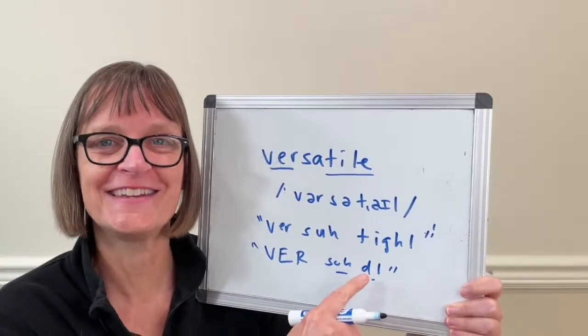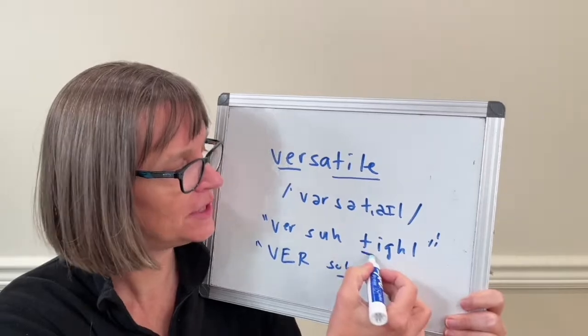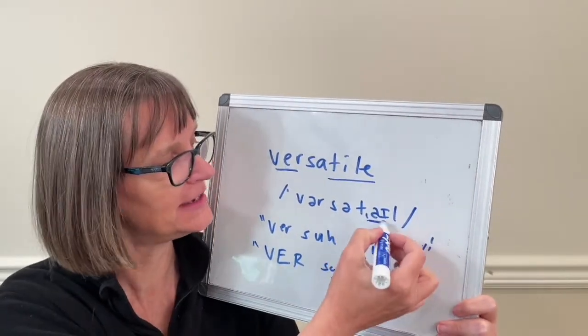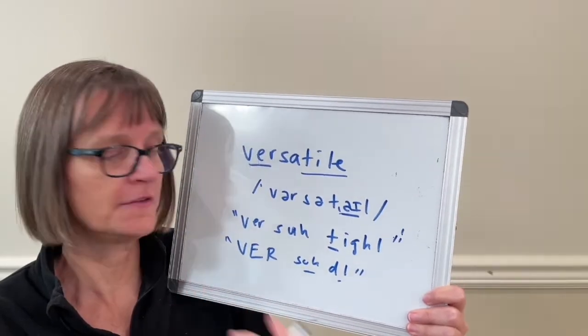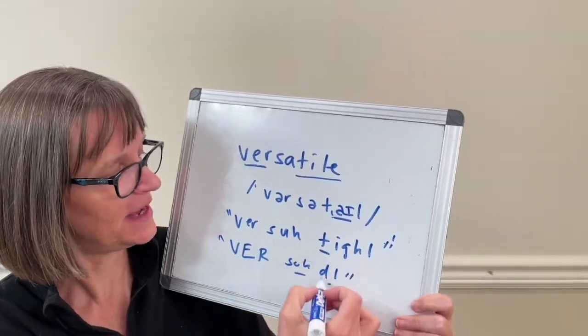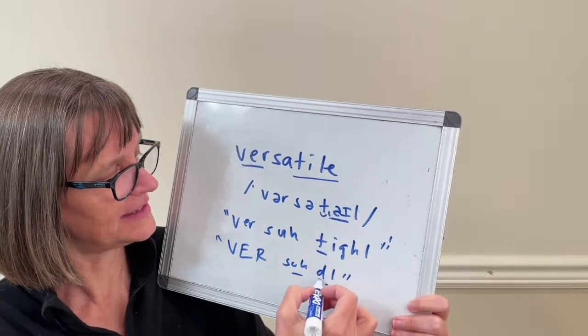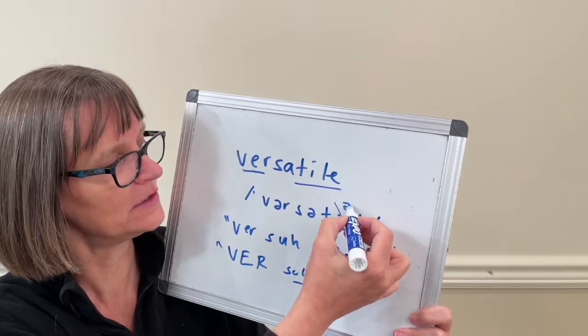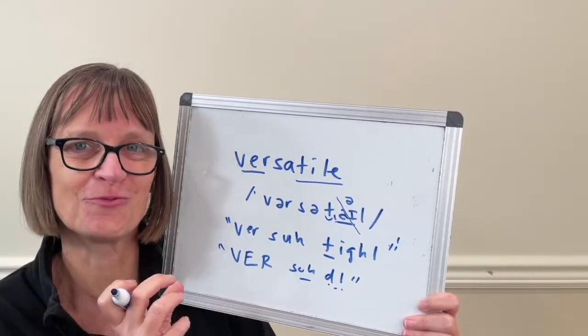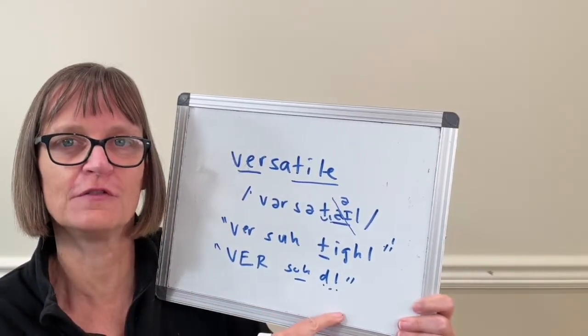If I'm using secondary stress, versatile, then I use a true T here and I do the I diphthong, versatile. If I'm saying it's very versatile, then my T becomes a flap and it sounds more like a D, and I lose this vowel. It's either going to be a little schwa, or I'll just go right from the flap to the L, versatile.